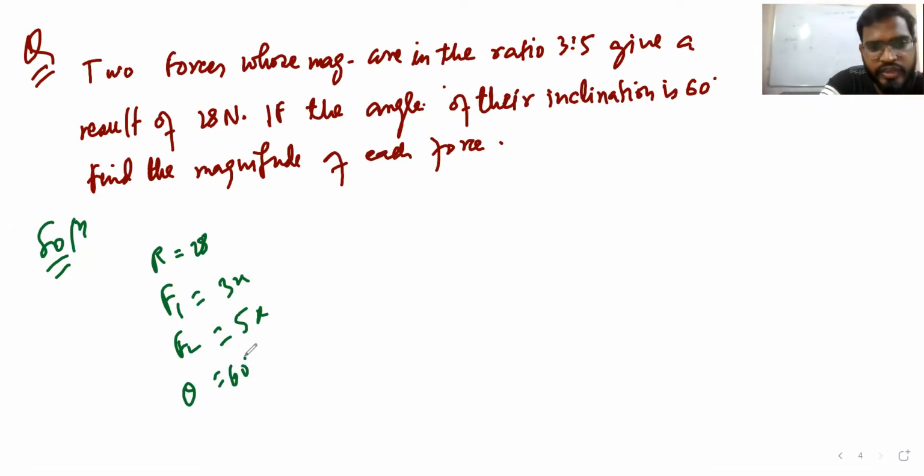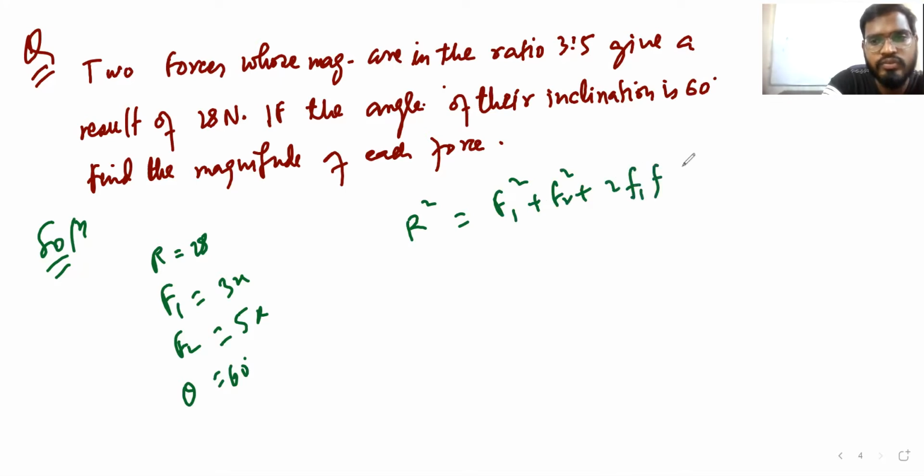So now we can say our resultant square is equal to F1 square plus F2 square plus 2 F1 F2 cos 60 degree, right?